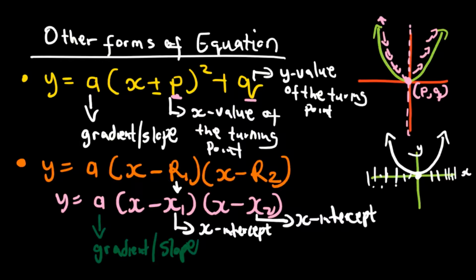So if maybe you have a function that looks more like this one, you know very well that you're going to have your x-intercepts at this point and this point. So it's going to be these values here, right? So this is the second form of equation of a parabola.